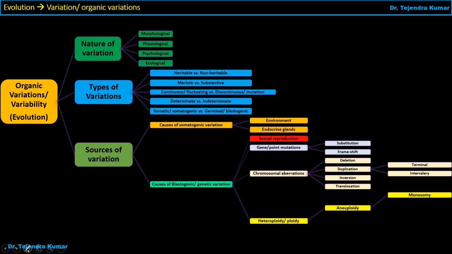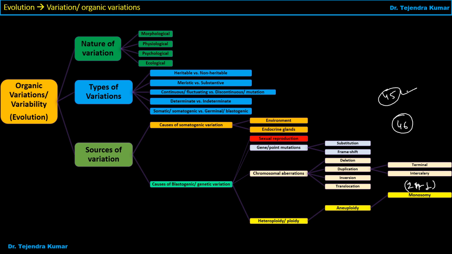Likewise, monosomy. Monosomy means whenever it is shown as 2n minus 1. So this is called monosomy. I am taking an example. There are 46 chromosomes in a human, and I am talking about 45 chromosomes in a human.